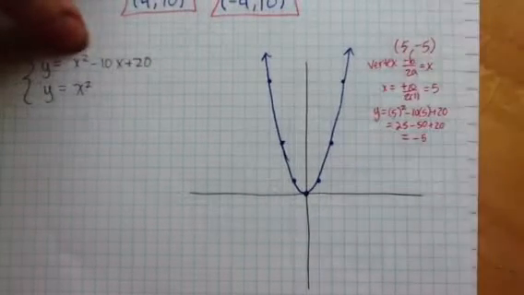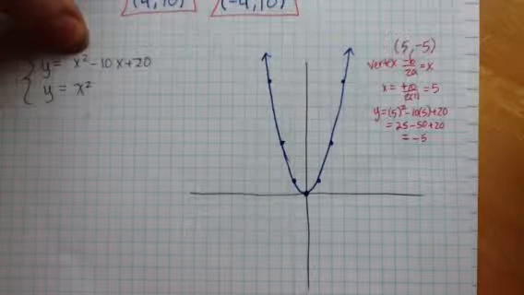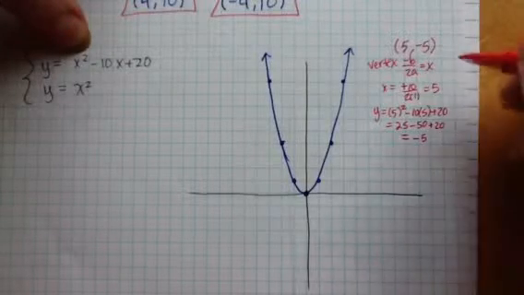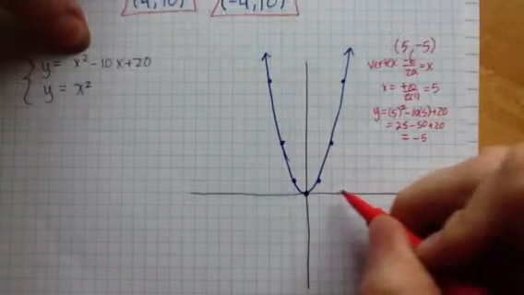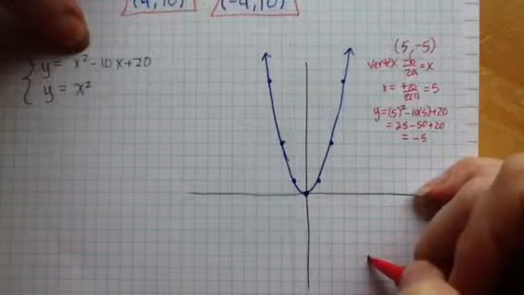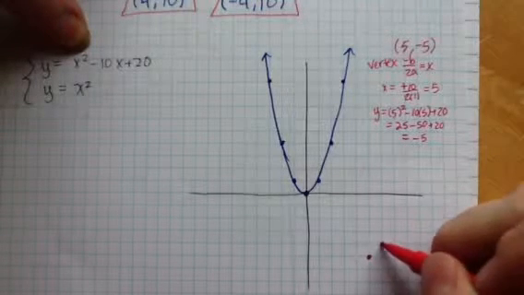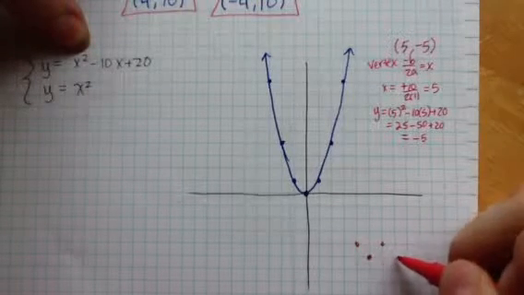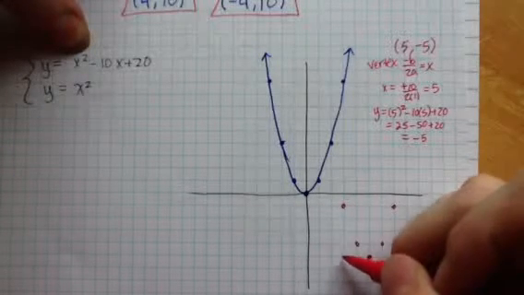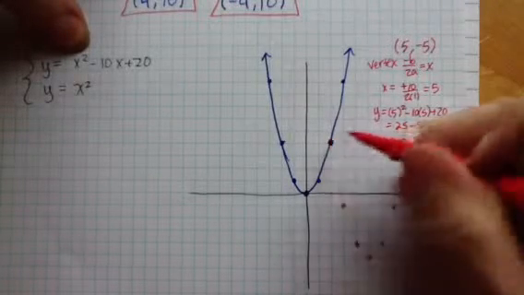Looking at my coefficient of the x squared, that a value is 1, so the growing pattern is not stretched or compressed. So I go to my vertex at 5, negative 5, and then I can just use the regular pattern of over 1, up 1, over 2, up 4, and over 3, up 9.